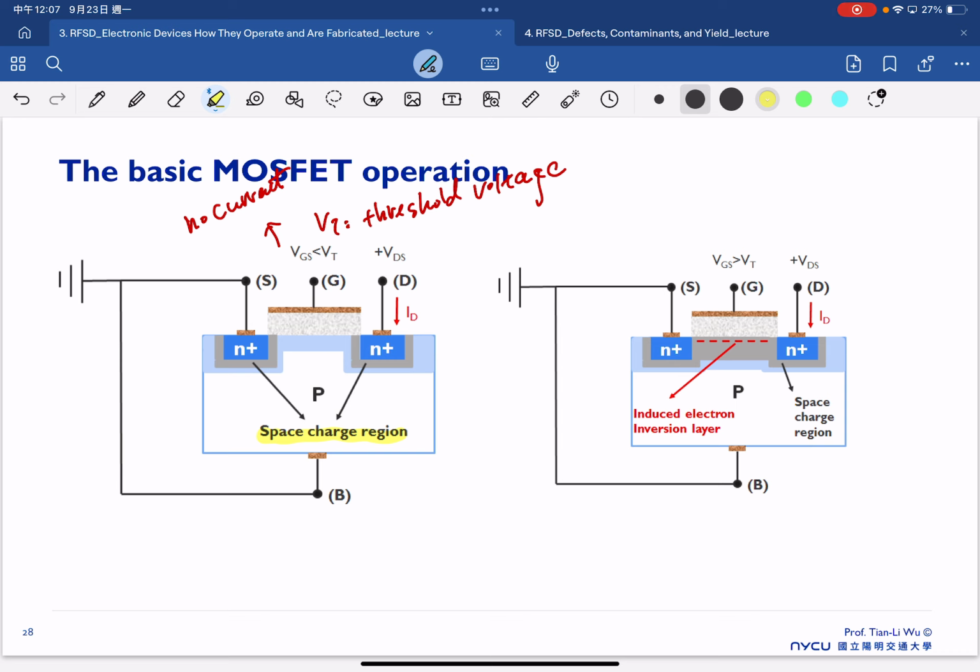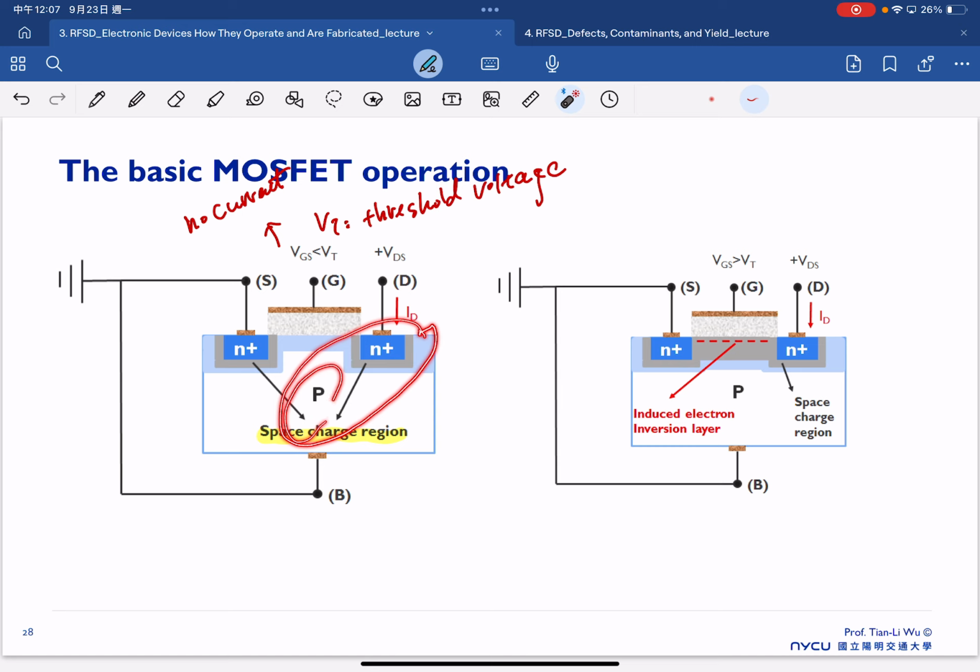Just 10 minutes ago, we also talked about the space charge region, which is between the P and N. In the MOSFET we also have P-N junctions, so we need to be aware that there is a P-N space charge region here, because this is a P-N junction.